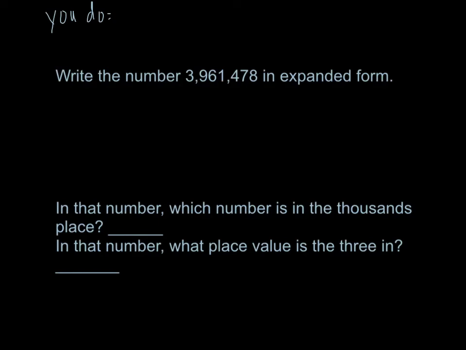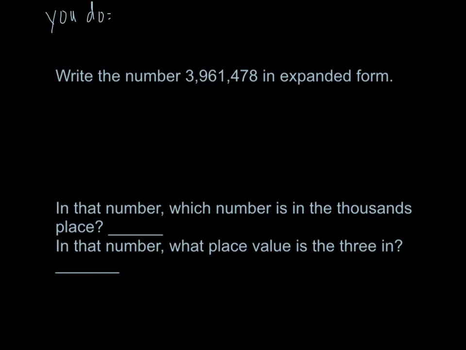So this is your chance to see, did I learn what I needed to, or am I still lost? So pause and leave it paused all the way until you have filled in all the answers, and you're writing in pencil. So if you mess up, it's okay. You'll be able to fix it. And then when you think you've got all this answered and you think you have it correct, push play, and I will go through it with you, and we can check your answers and see if you got it. And if you didn't get it, we can fix your mistakes.